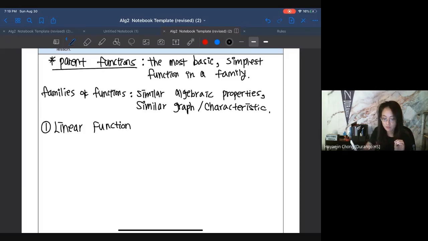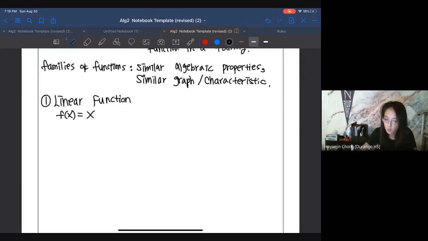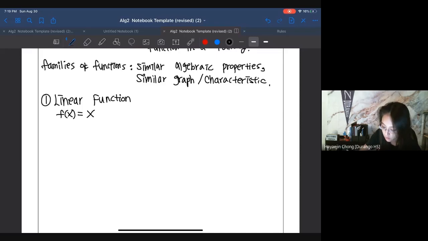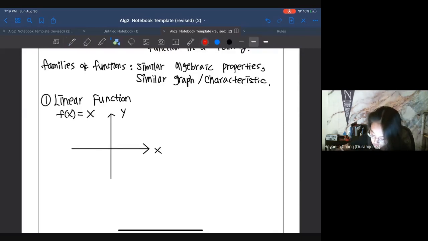We went over this, f of x equals x, right? And then when we graph, it looks like this. Straight line. Okay.